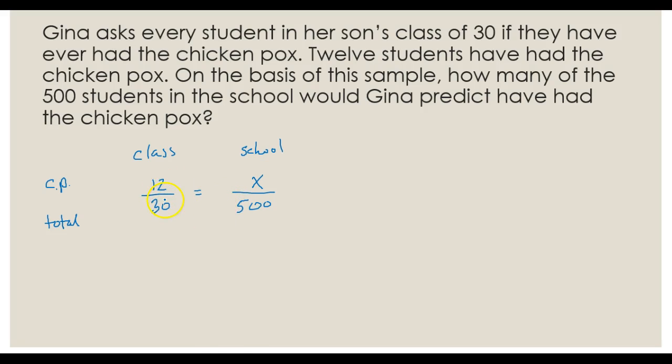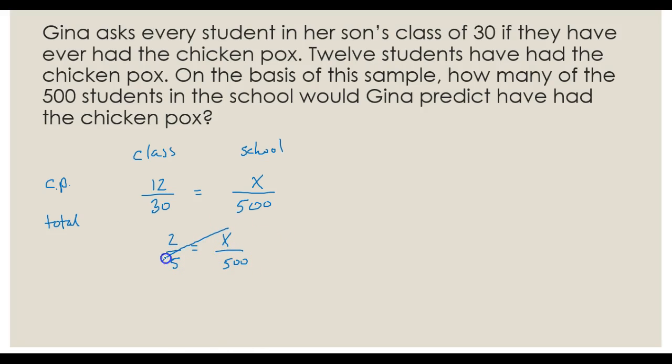We can reduce the fraction. I think you can see that 12 over 30 reduces to, let's see, we divide by 6, we get 2/5, 2 out of 5, which makes this really easy to see. Because if 2 out of every 5, then it would be 200 out of every 500.